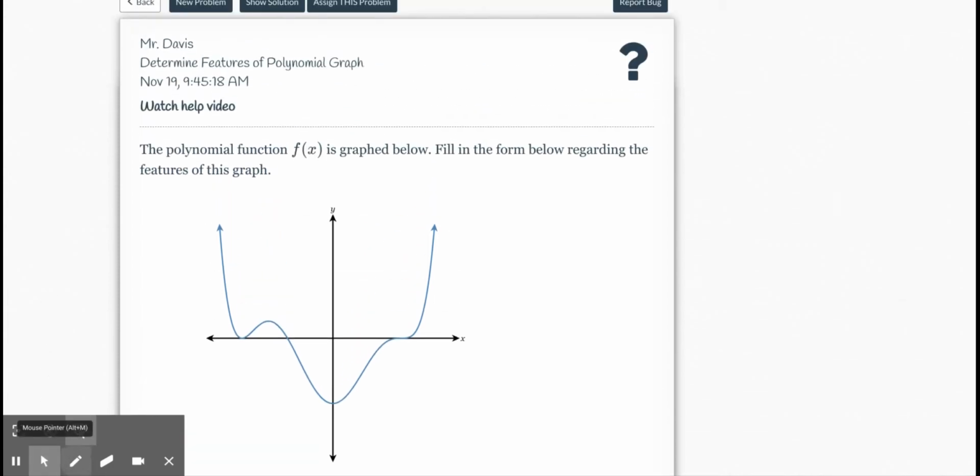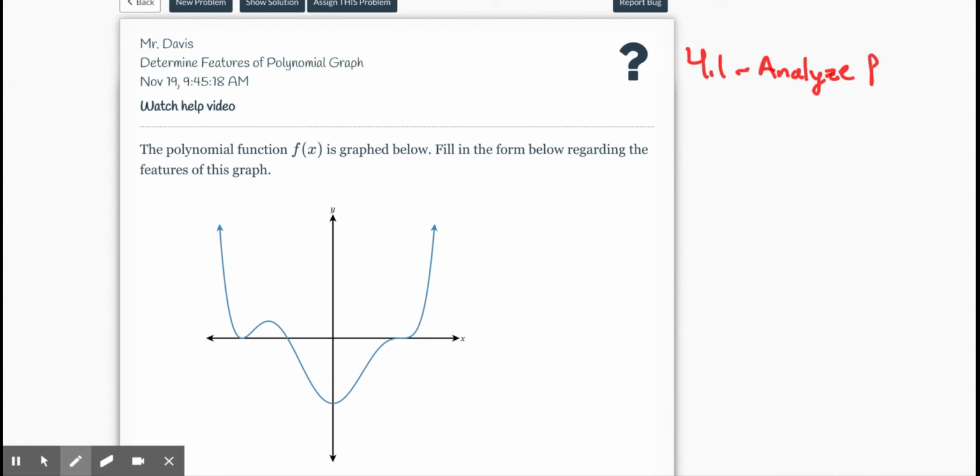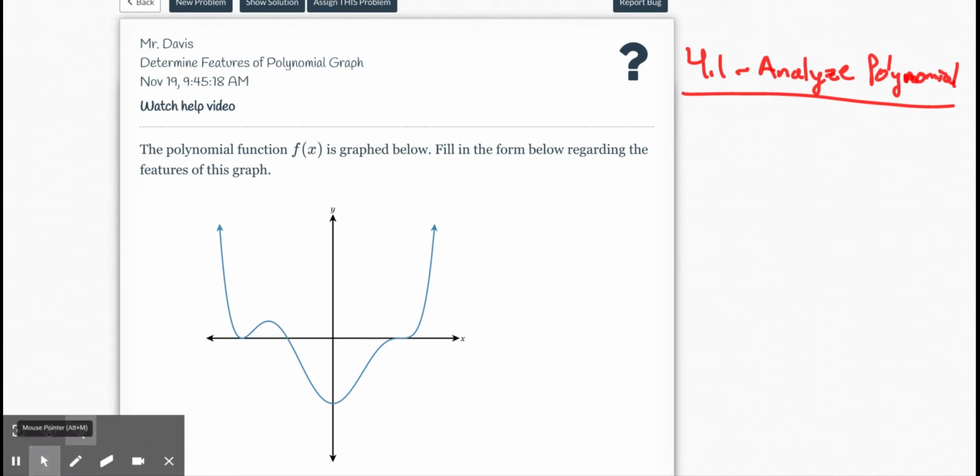And again, this is sort of all encompassing of 4.1, what we can call analyzing a polynomial. Your book asks you to do these things and a couple other things, but this pretty well covers it. So when we analyze this, the first thing we're asked to do is determine if it is even or odd.